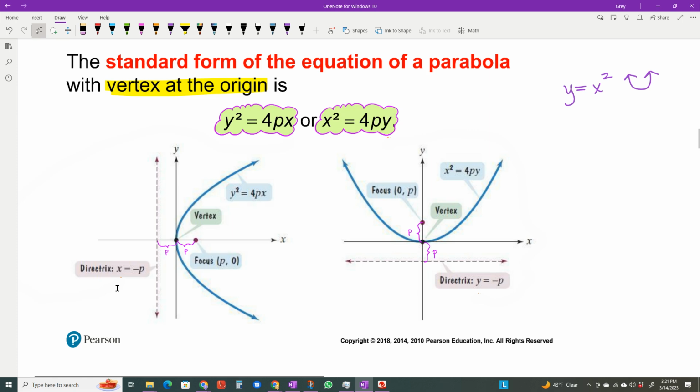If x is the one not squared, the directrix is x equals some number. If y is the one not squared, then you're going to have a horizontal directrix, and it's going to be y equals some number.